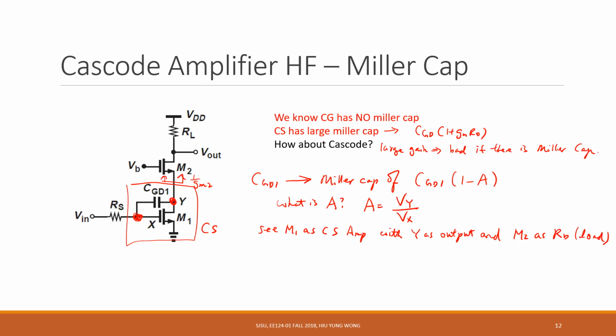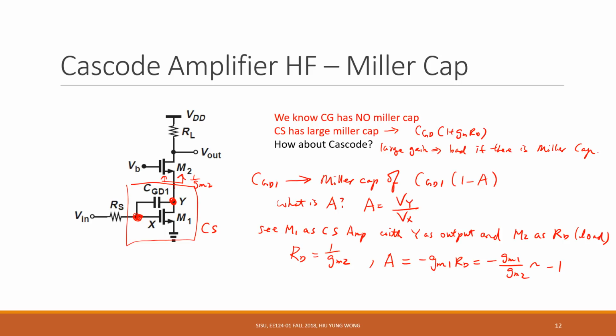But the load is what? RD in this case, we're looking up, this is just equal to 1 over Gm2. Okay. So as a result, A equals to the common source gain, negative Gm1 times RD, which is negative Gm1 divided by Gm2, which is almost equal to negative 1 in most cases.